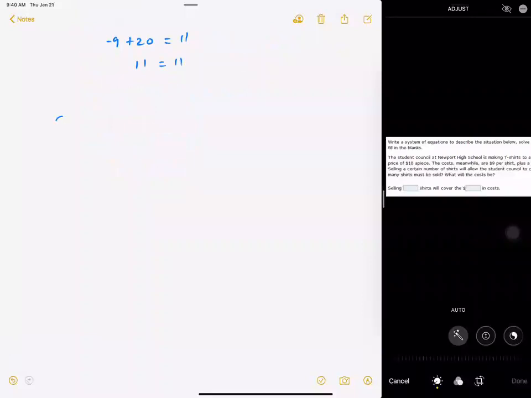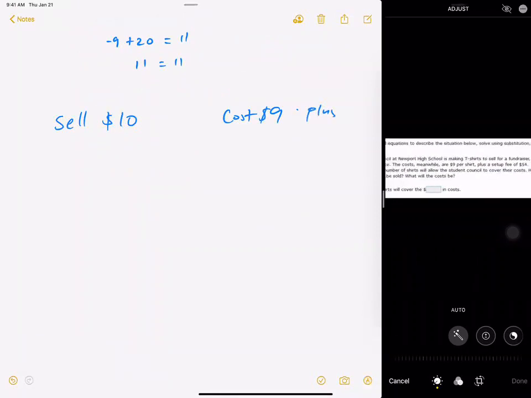We know we are selling t-shirts for $10 a piece. Right? We know they cost $9 per shirt plus a setup fee of, we said it was $54. Okay. And then we have two variables here.